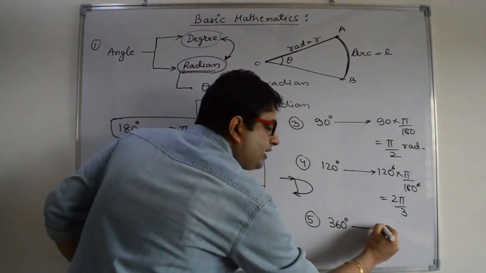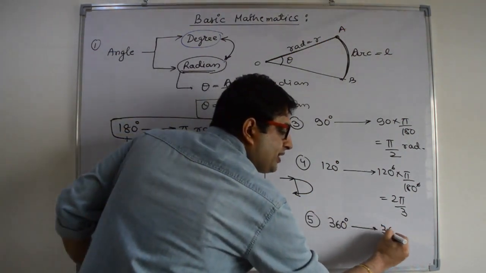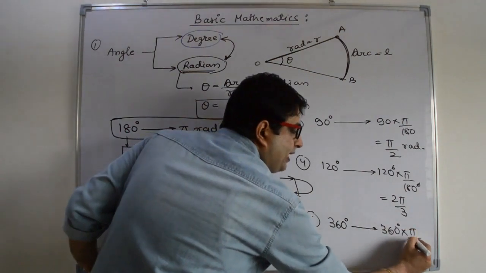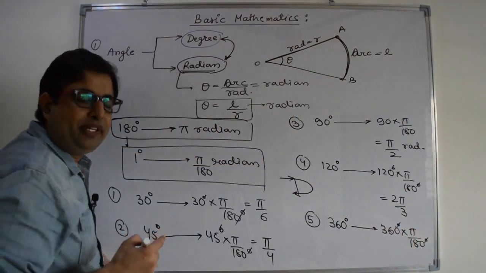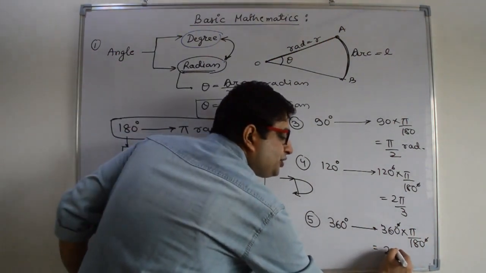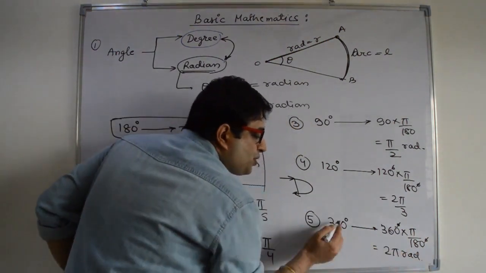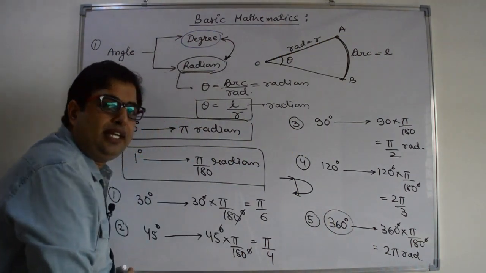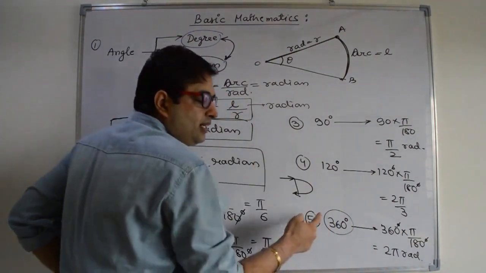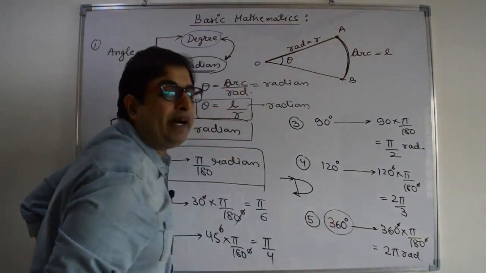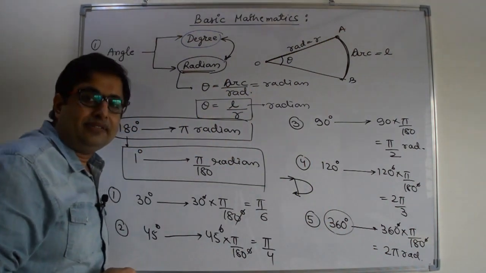So 360 degree is 360 into pi by 180. Degree will cancel out. Got my point? What will you get? 2 pi radian. So remember this: one complete cycle, 360 degree, can be represented with 2 pi radian. Got it?